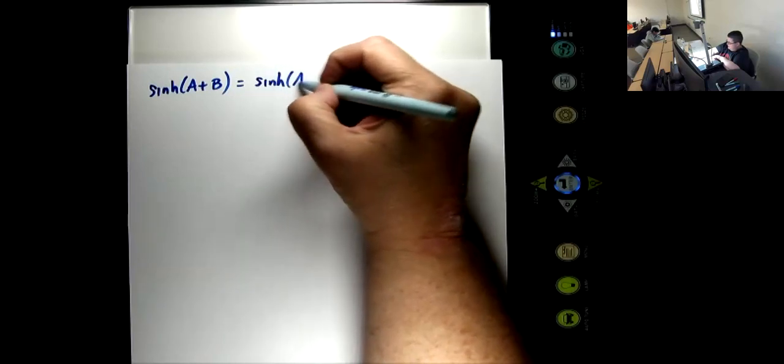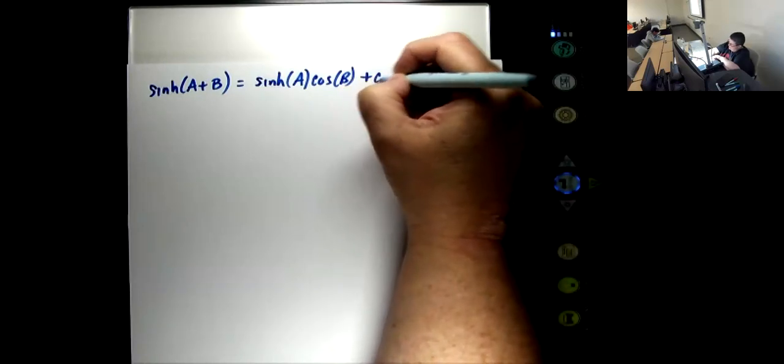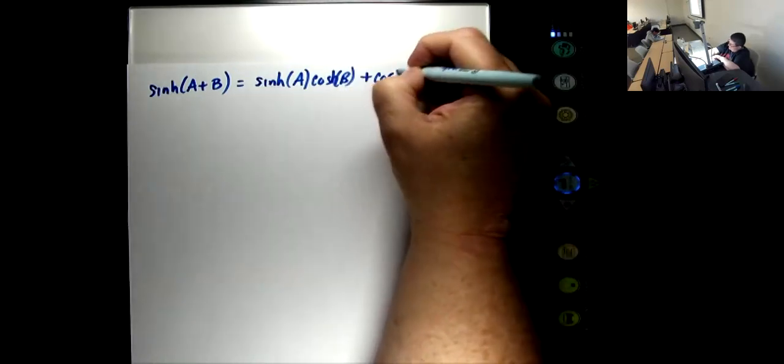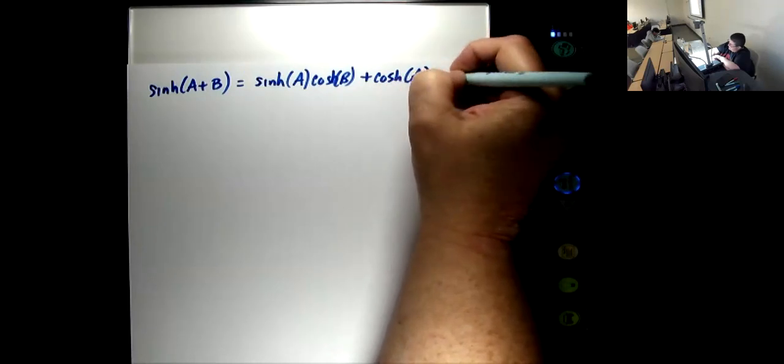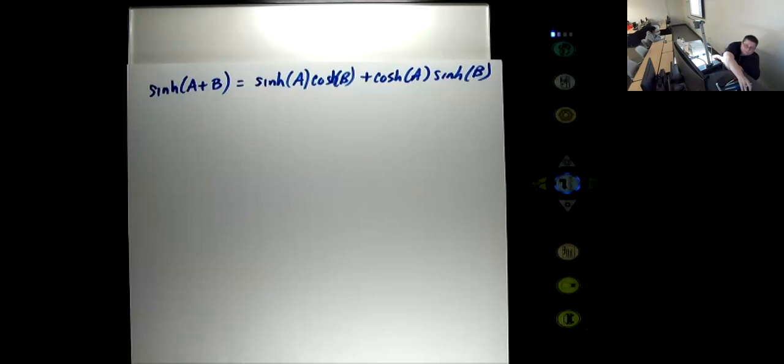Sinh A cosh B plus cosh A sinh B. Oops, gotta have the H's in there. And if you have a minus, it goes to a minus between them.